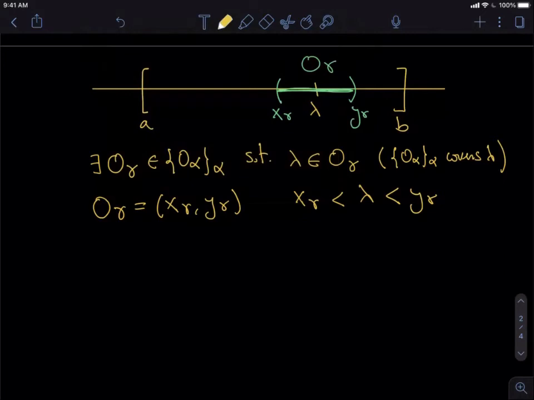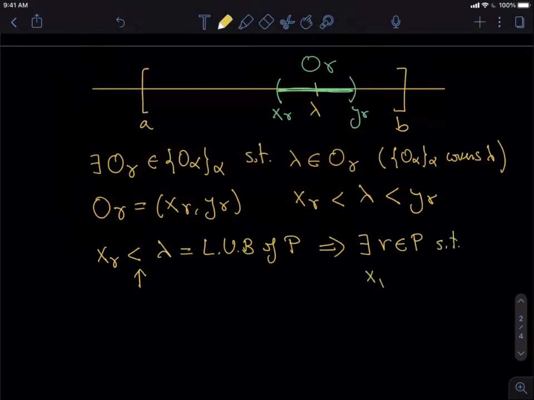We know that X gamma is less than lambda, which is the least upper bound of P. Because it's strictly smaller, that means that there exists some number R that is in P, such that X gamma is less than R, less than or equal to lambda.